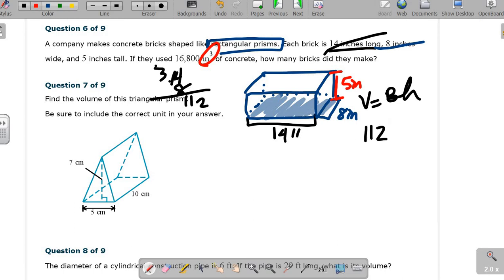And our height is 5. So we have 112 times 5.